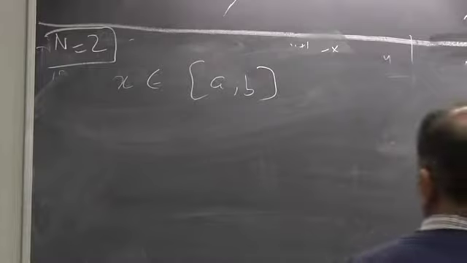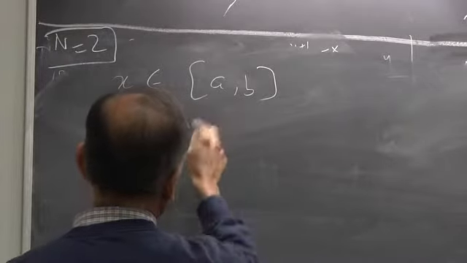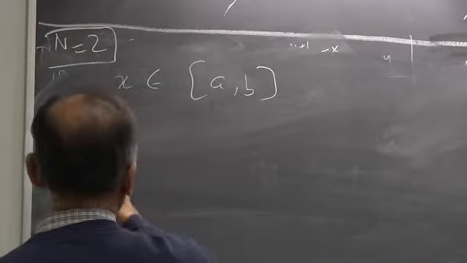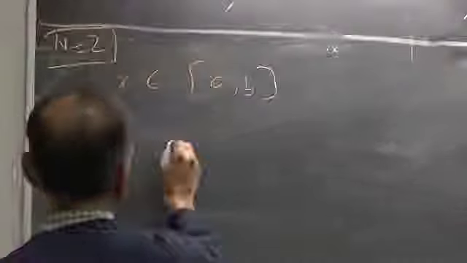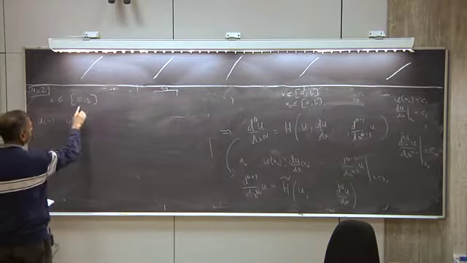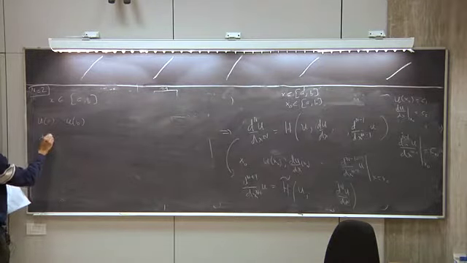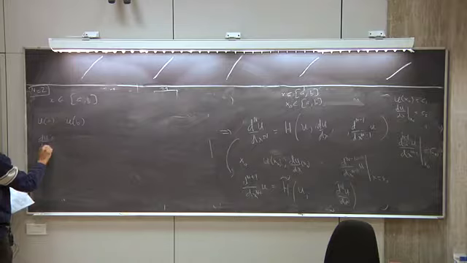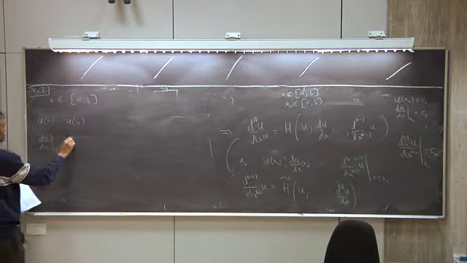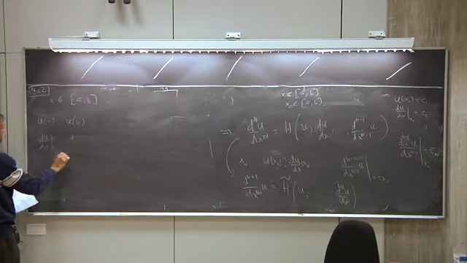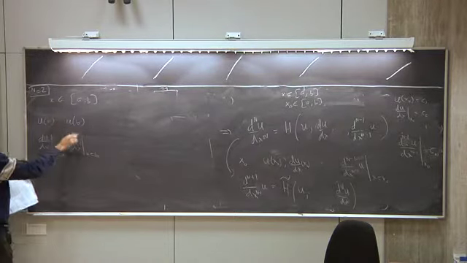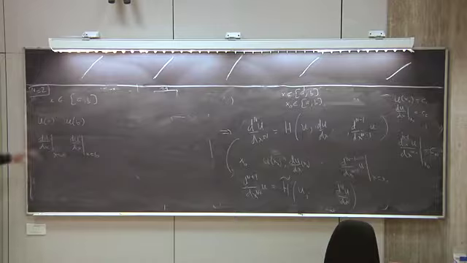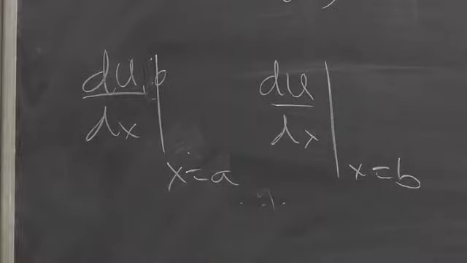The data is 2 data, but you can choose a more general boundary condition in the following way. You have u at a and u at b, the 2 endpoints, and the first derivatives du/dx at x equal to a, and du/dx at x equal to b. These are like 4 data. But you don't need all these 4 data. In fact, that would be over-determining the system. You need just 2.